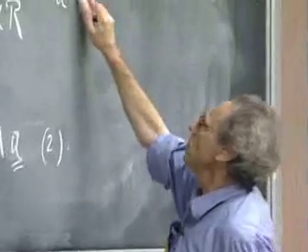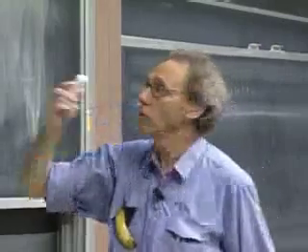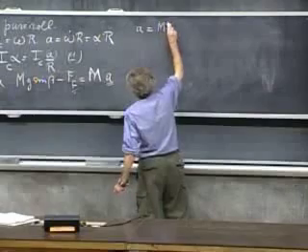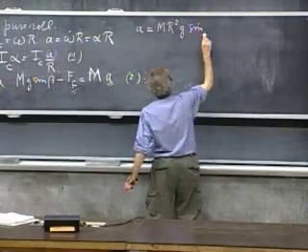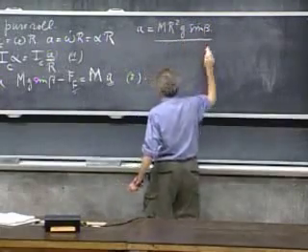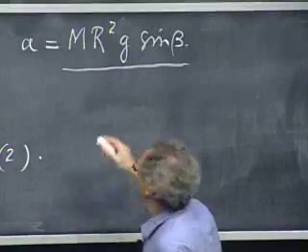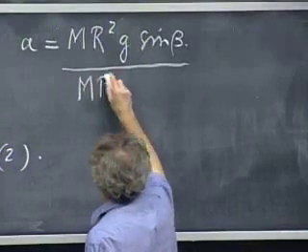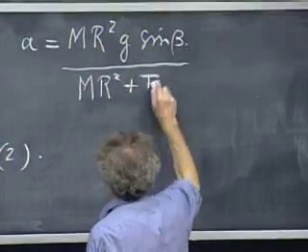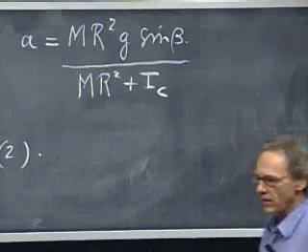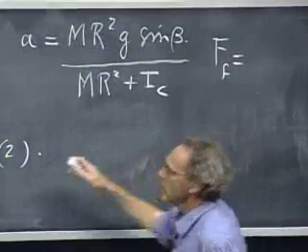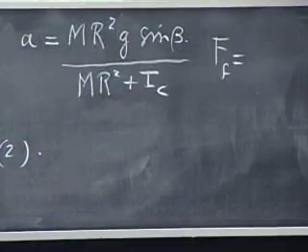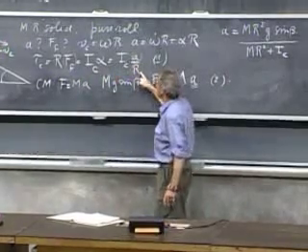A, the acceleration, under the conditions of pure roll, but only under the conditions of pure roll, equals mr squared times g times the sine of beta divided by mr squared plus the moment of inertia about that point C. And the frictional force, you can see that from this equation, is the moment of inertia times A divided by R squared.